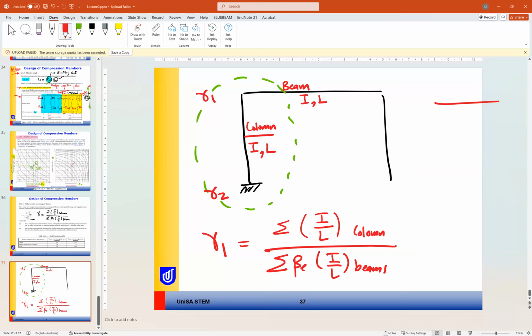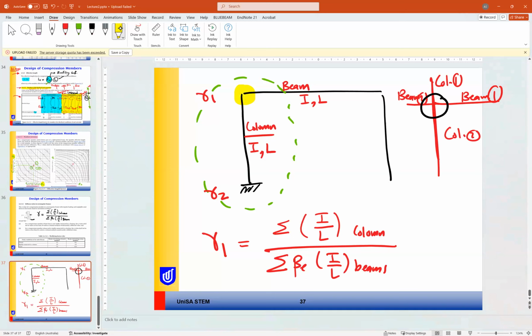Because in some cases, for example here, you can have beam 1 or beam 2 on the left, column 1 on top, column 2 on the left. So this connection can have more than one column and one beam. But for example, in this case, we have only one beam and one column.